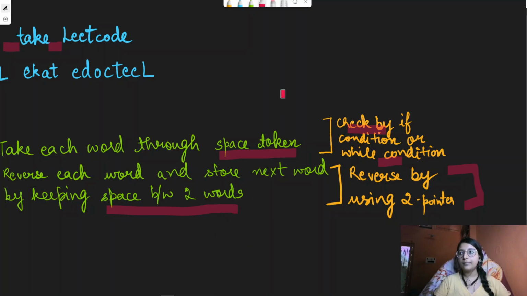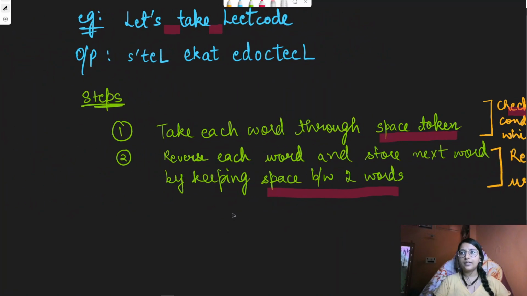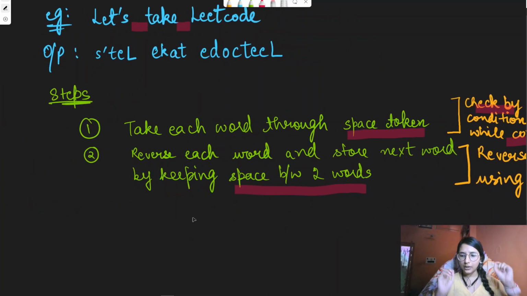Before the implementation part, just think about how you can implement it. There are two steps that we require for each word, right? So what would we be doing? We will be moving ahead, keeping the space as a token, and we are required to keep track of the indices of each word, meaning the start of that word and the end of that word.